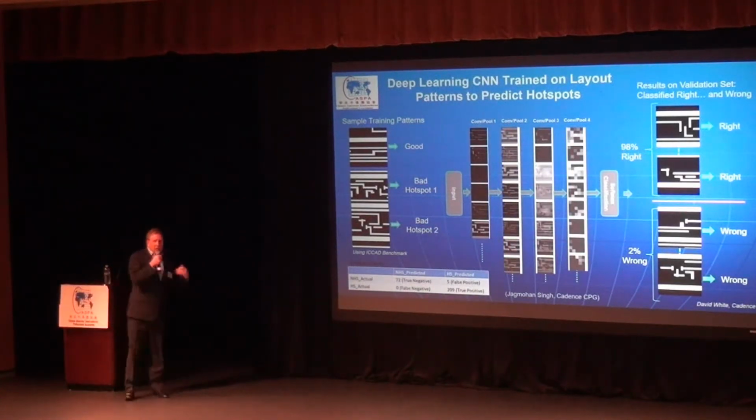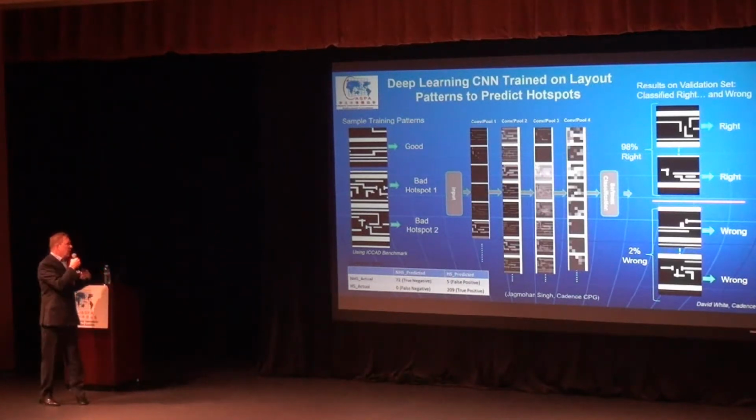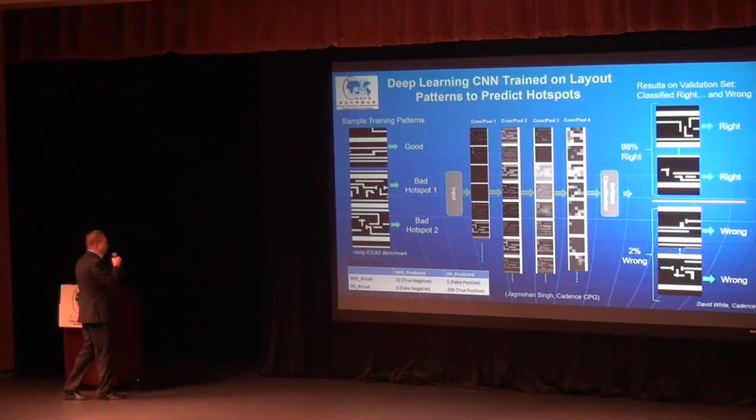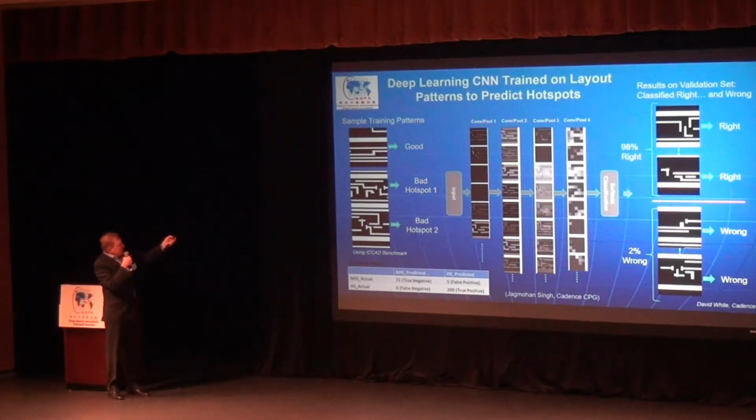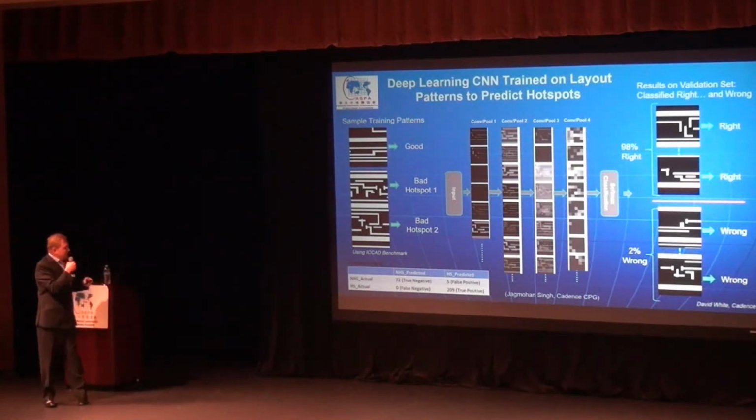So we are using deep learning and convolutional neural networks to detect hotspots or bad areas in layout. As you see here on the left, we take some training patterns, which represent good training patterns and bad ones that have hotspots.